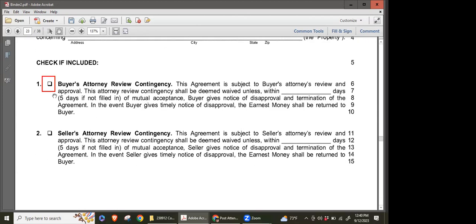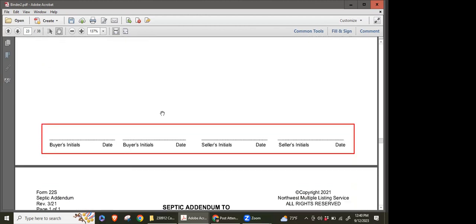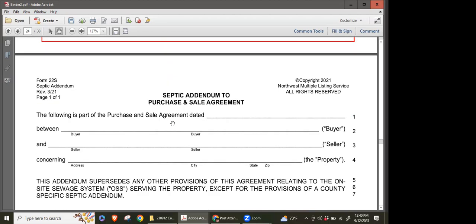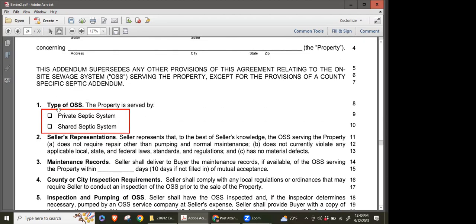22RA is pretty much the same. I check and see how many days, and is it signed? 22S, I make sure there's one of these two boxes checked. It's either private or shared. There are places, like a small development, that will have a shared septic system.